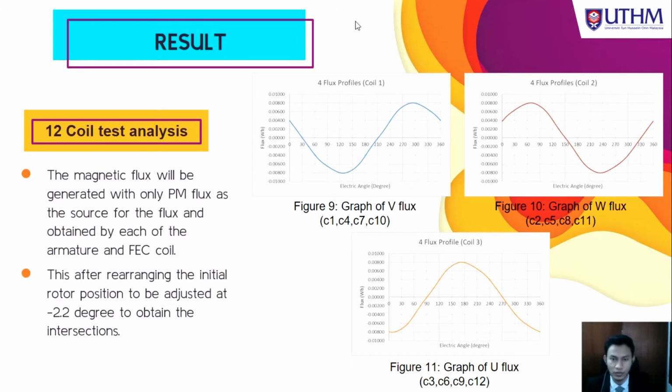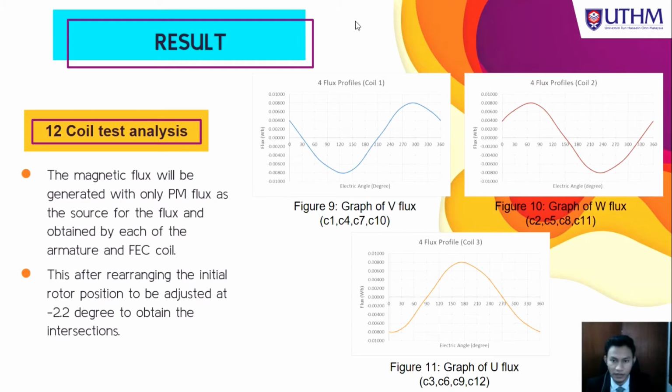Figure 9 shows the graph of V flux, figure 10 shows the graph of W flux, and figure 11 shows the graph of U flux. From the graph, we can see the magnetic flux is generated by using the permanent magnet flux as the source for the flux, and obtained by each of the armature and FEC.